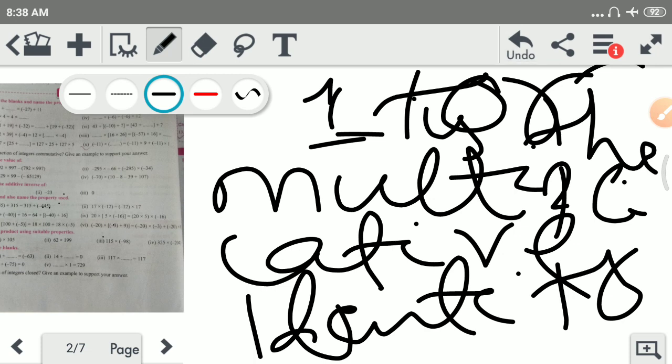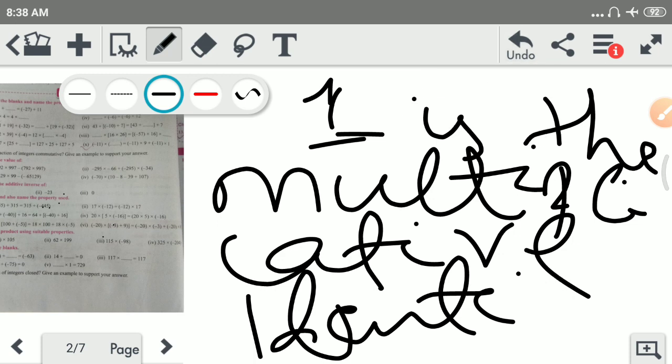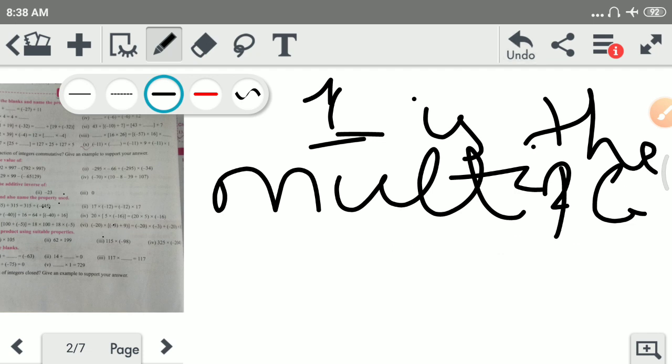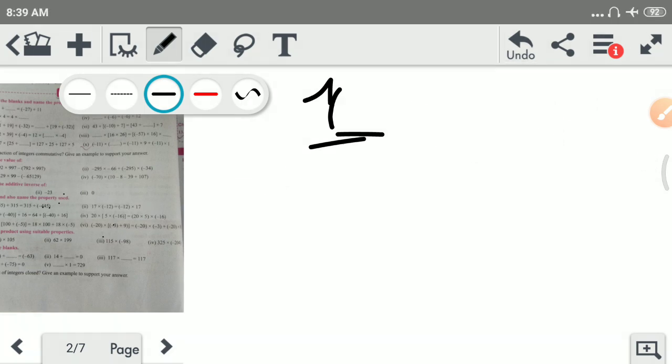It was the associative property. What is the associative property? A plus B plus C is equal to A plus B plus C. Here also addition and multiplication will satisfy, division will not satisfy. Then the distributive property.